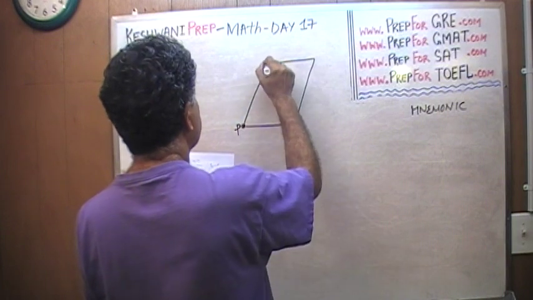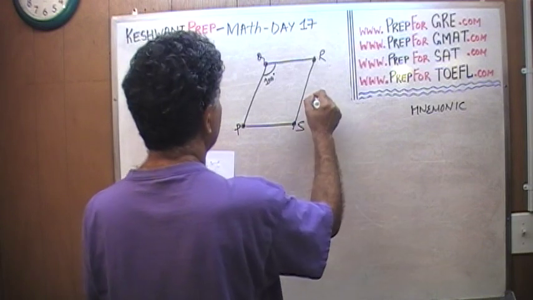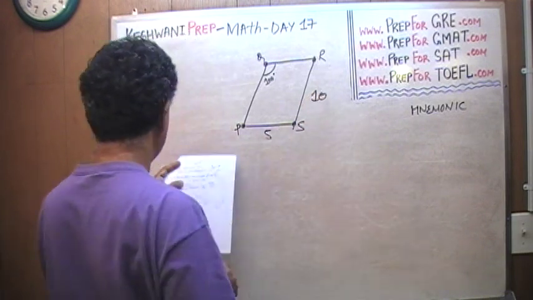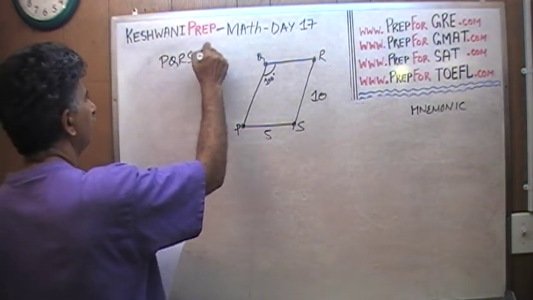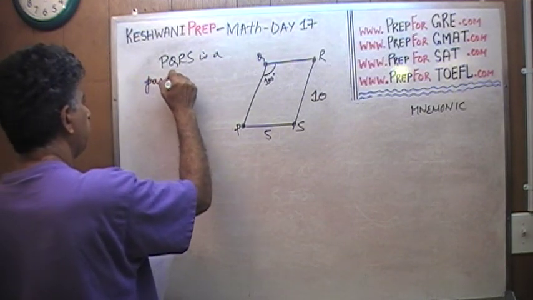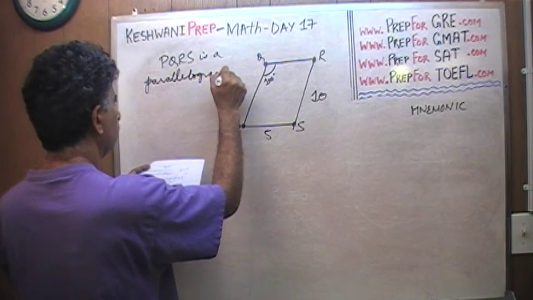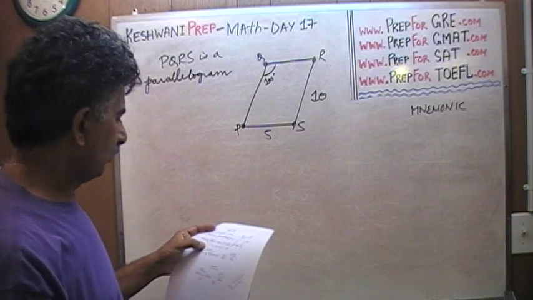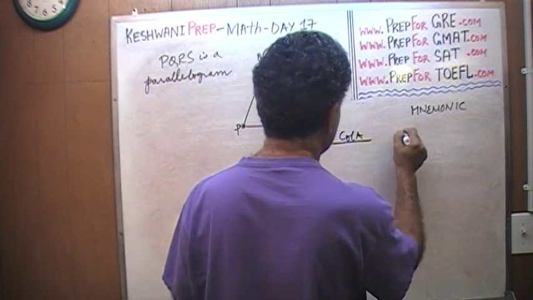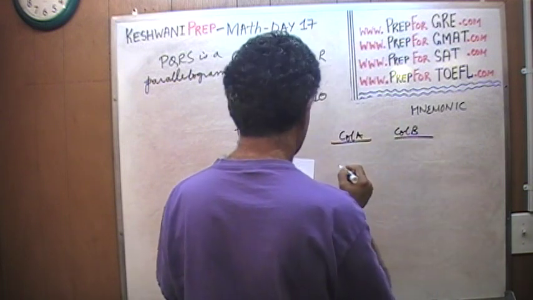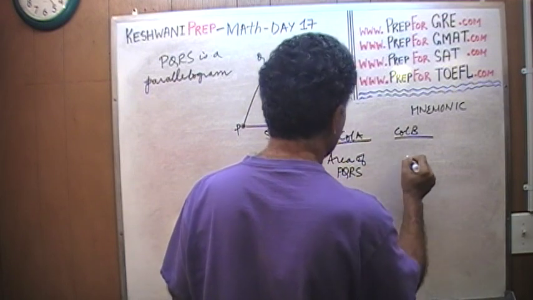We are told that this side is 10, this is 5, and that PQRS is a parallelogram. The quantities that we are asked to compare: column A is the area of PQRS, column B is 50.